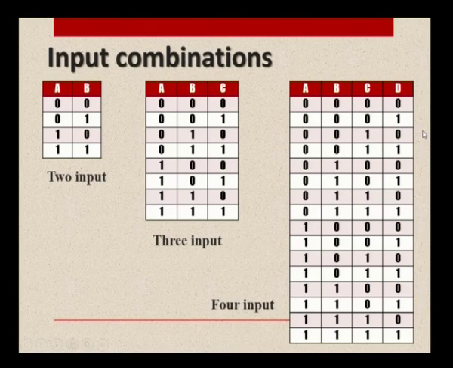And why do we have to consider the many input gates? Because the operations are meant for taking care of difficult circumstances, and maybe many inputs are required.